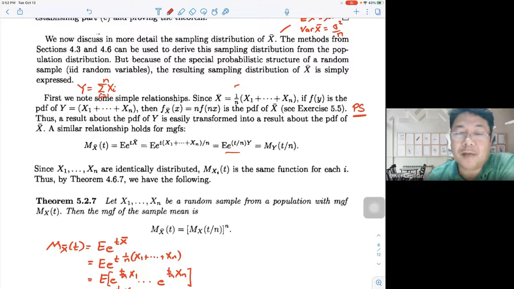So we have this relationship between the sample mean and the finite summation of the random variables X sub 1 up to X sub n.